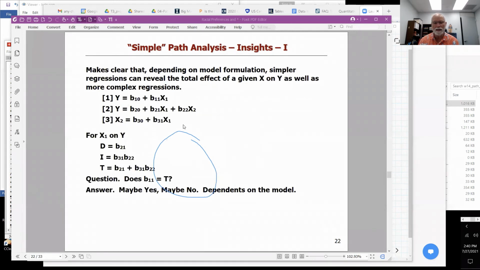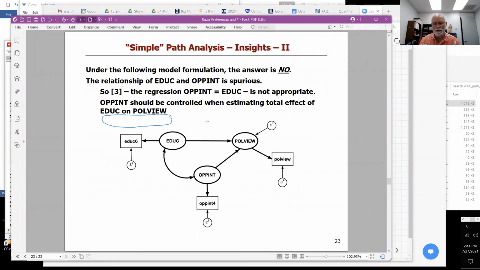So now if we go back, there's notation involved here. I'll just say this notation corresponds to this part of the model.